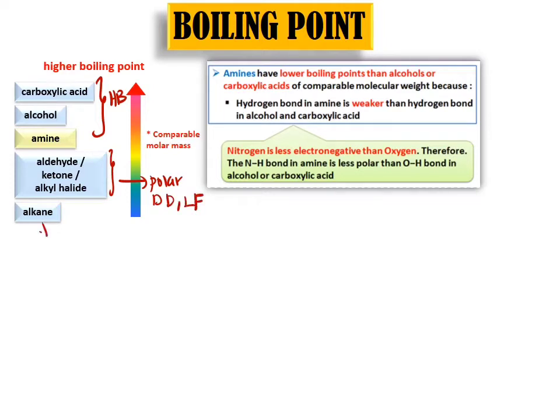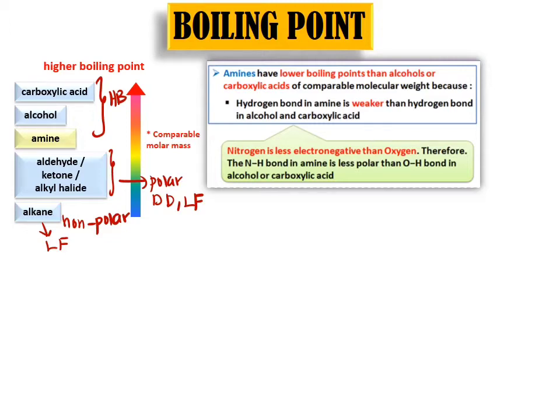The lowest boiling point is always alkane, because alkane is a non-polar compound, so it contains only London forces, which are the weakest van der Waals forces. So these are the intermolecular forces involved in our classes of compound here. So you can see it now, since we have learned from chapter 5 until chapter 11.